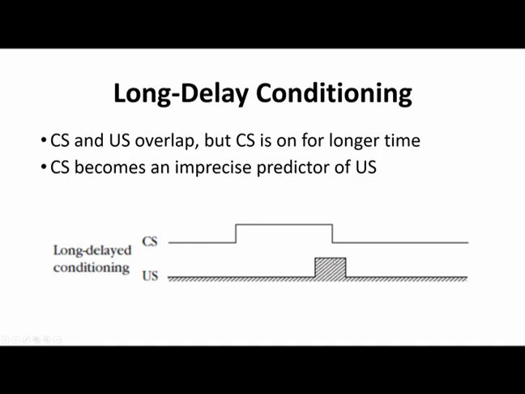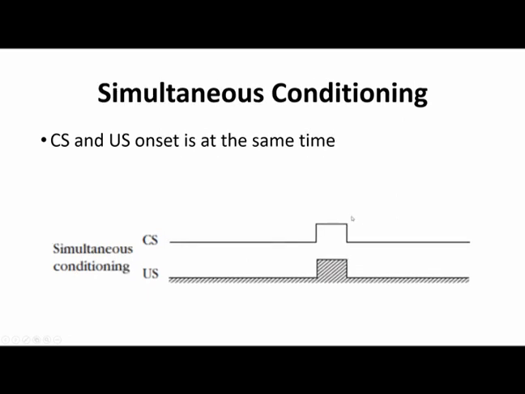But the problem here is that our conditioned stimulus is no longer precisely telling us when our unconditioned stimulus is going to happen. Because of this long delay here, we don't quite know when after that onset time this is going to happen. And the longer the conditioned stimulus is on, the less sure we are of when the unconditioned stimulus is going to happen. So the longer this gap here, the worse learning we're going to see.